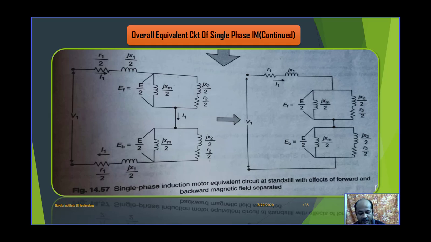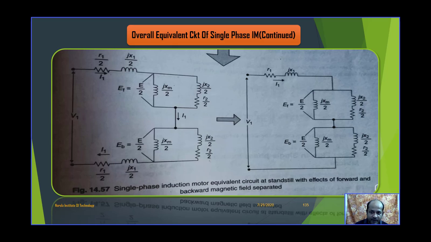According to this theory, there is a forward field and a backward field whose magnitudes are the same, both rotating at the same speed but in opposite directions. So the equivalent circuit can be represented by two different circuits. Again, the single phase induction motor can be represented by a series combination of two three-phase induction motors whose stators are series connected and rotors are magnetically coupled.